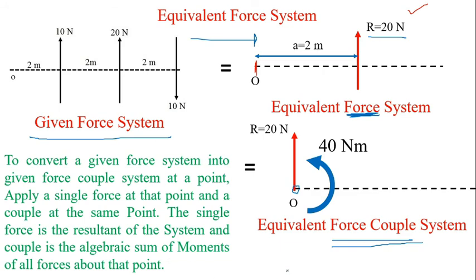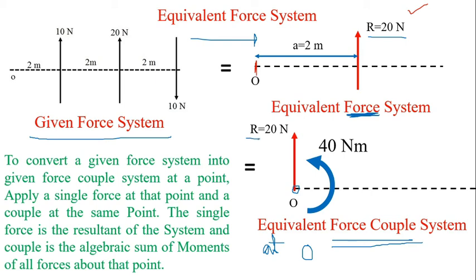This is the equivalent force couple system at point O. If it is asked to convert the given force system into an equivalent force couple system at point O, then first you have to determine the resultant of the system and apply that resultant at point O.